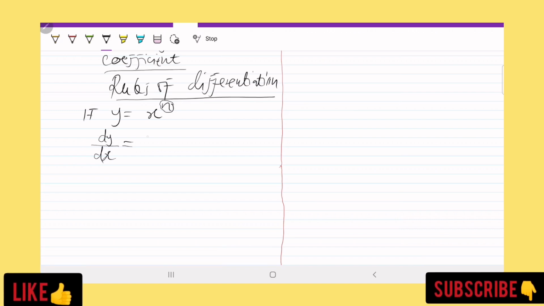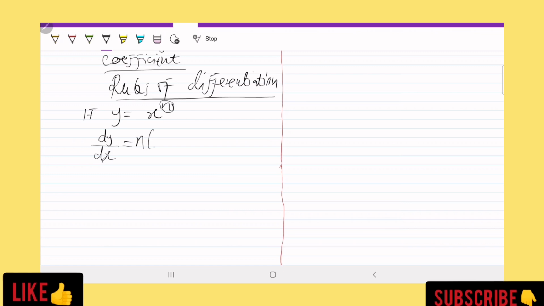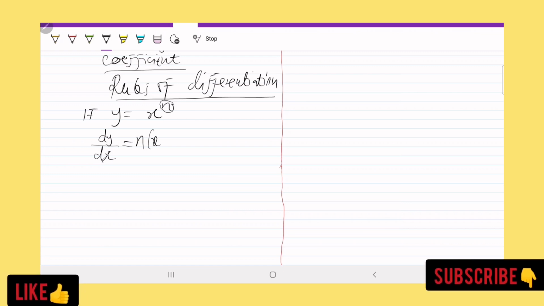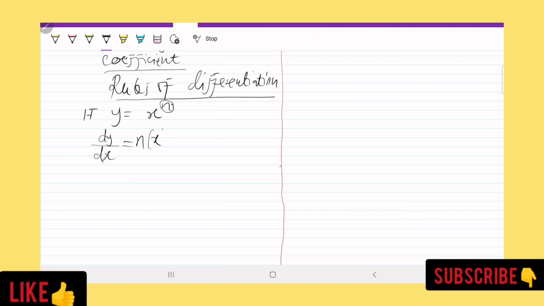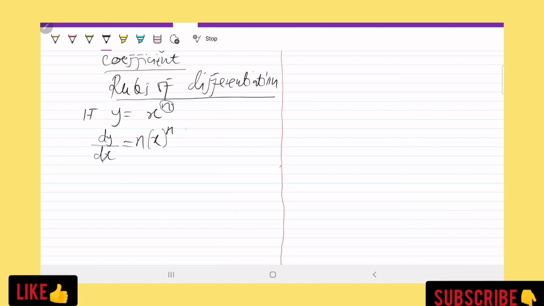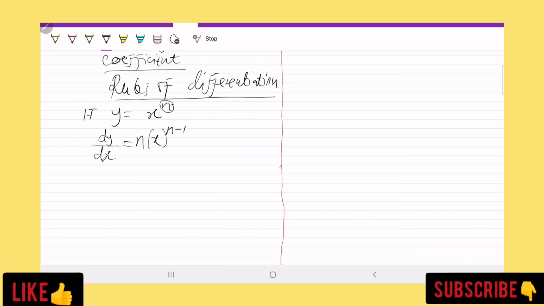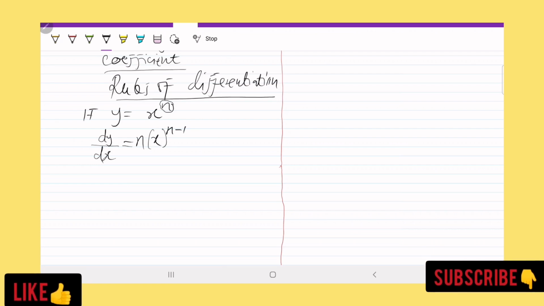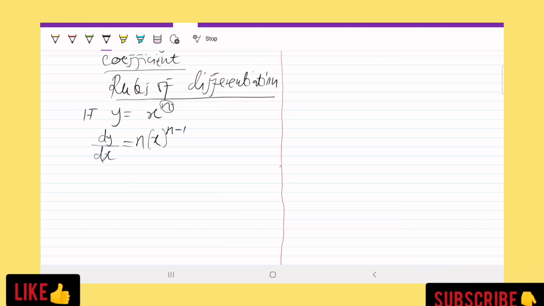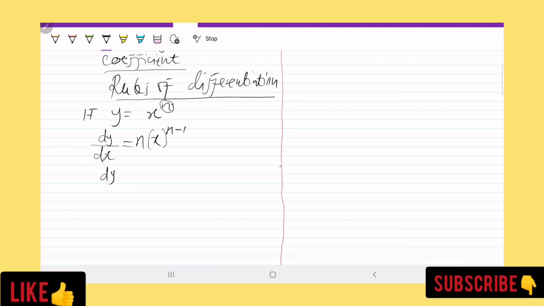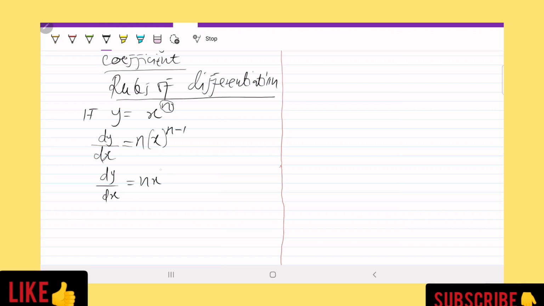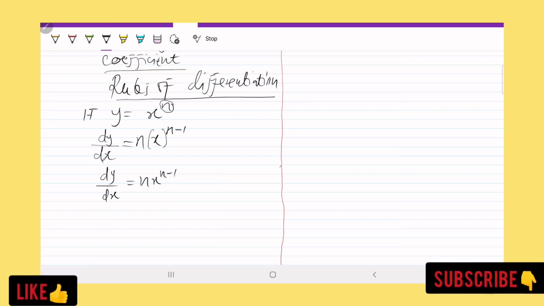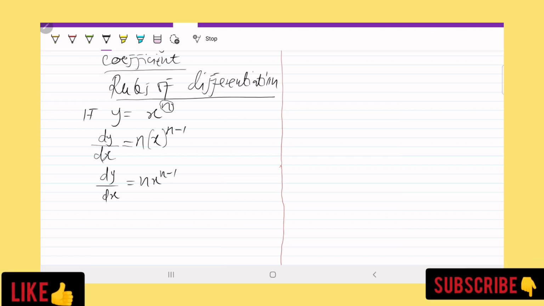So that is the base rule, the general rule for differentiation. Here your dy over dx is equal to n times x to the power of n minus 1. That's the general rule when it comes to differentiation.